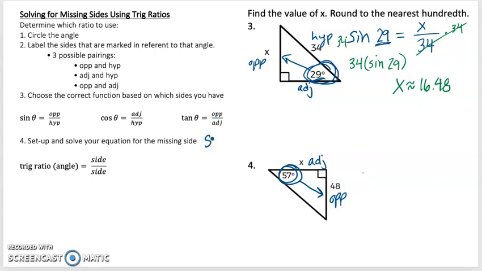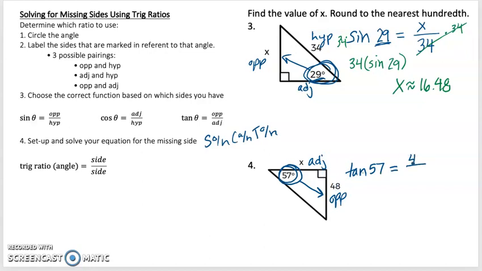And you can remember your little SOHCAHTOA thing. I'm going to bring that up a bunch of times because it's important. You just got to remember them. So then we're going to set up an equation here with tangent. Tangent of the angle 57 degrees should be equal to the opposite side over the adjacent side.